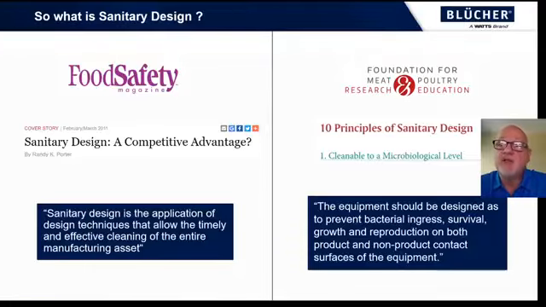So while this is specifically talking about food equipment, importantly it discusses the need to be more than just visibly clean. We're talking about eliminating bacteria and pathogens at a microscopic level and trying to prevent the formation of biofilm. Biofilm is a cluster of pathogens or cells that group together on a surface and make it much harder to remove.